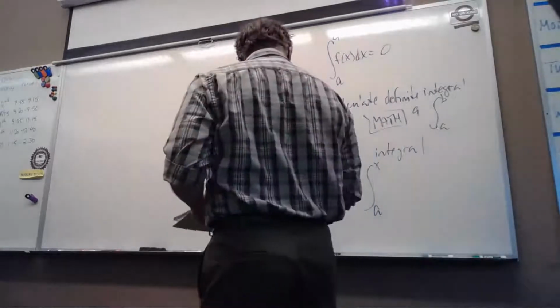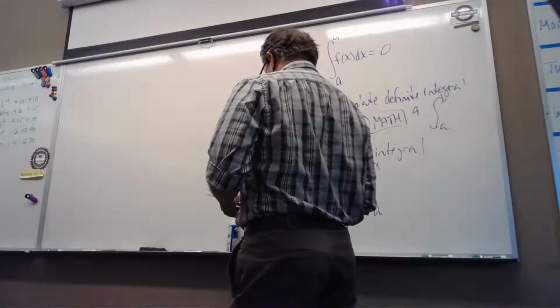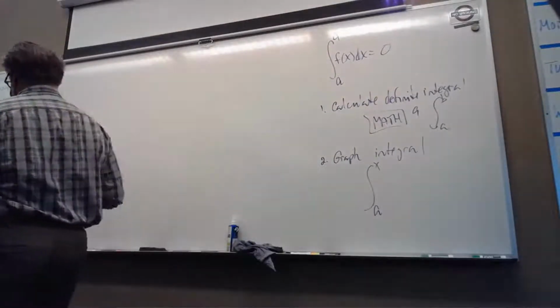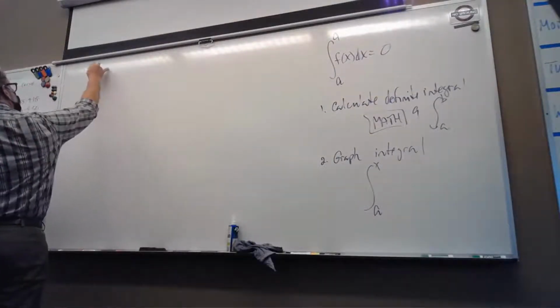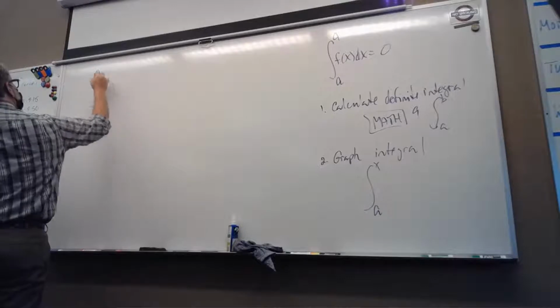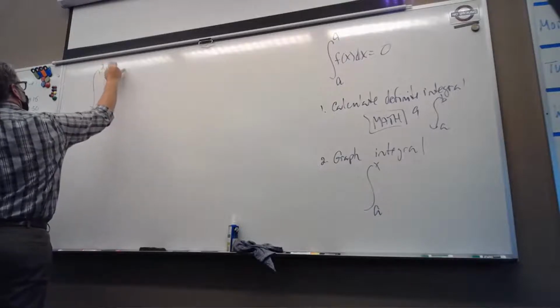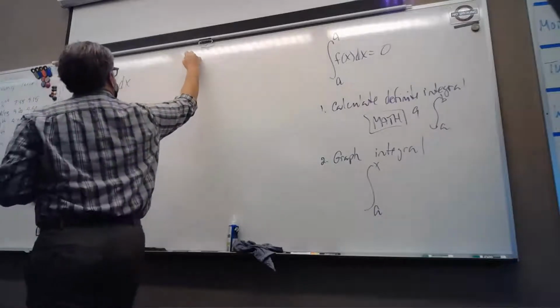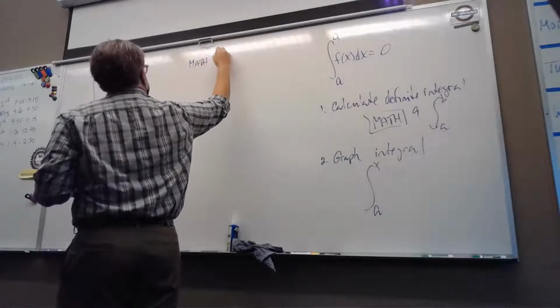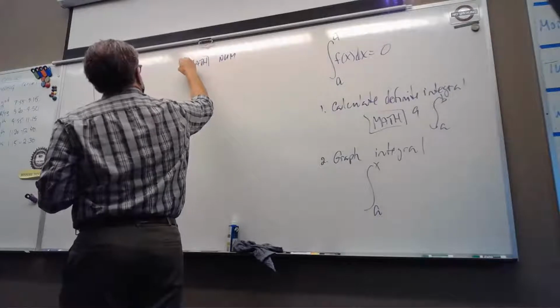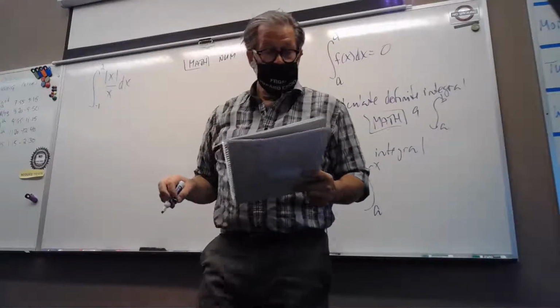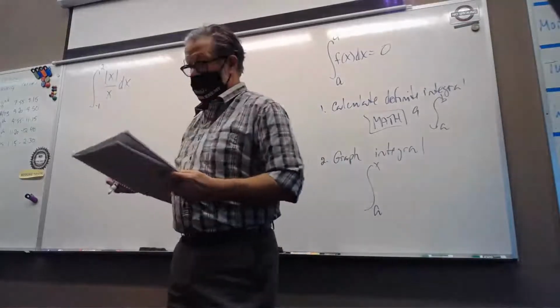All right, let's talk about, I erased it. The integral of -1 to +2 of absolute x over x dx. You'll find absolute in the math number menu. Graph it, you said?